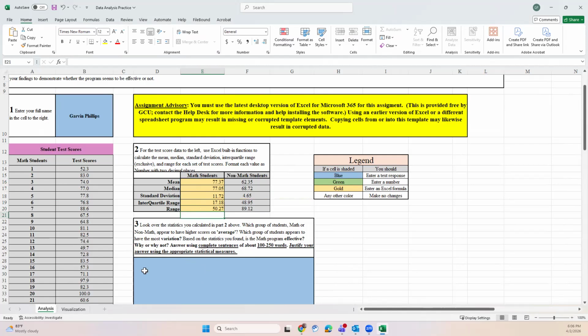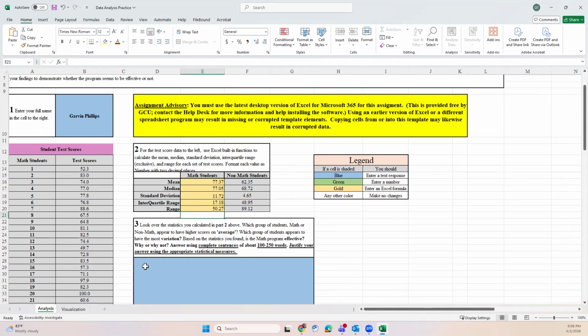So I might say my math students had a mean of 77.37, which is greater than the mean of 62.35. And the median was also greater at 77.05 versus 68.72.